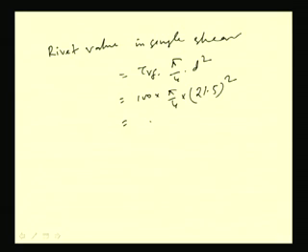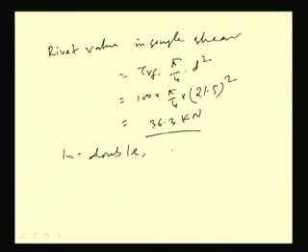So, this is becoming 36.3 kilonewton in single shear. In double shear, the rivet value will be 36.3 into 2, 72.6 kilonewton, right.